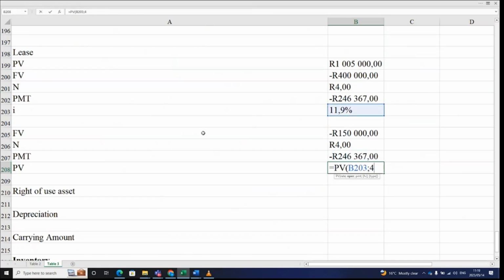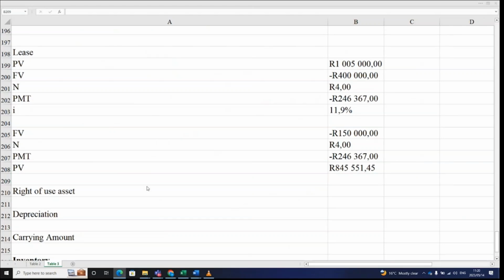Then the period of the lease. Then the payment. Then the future value. And then these payments are made at the end of the period, and then boom, we've got our lease liability.